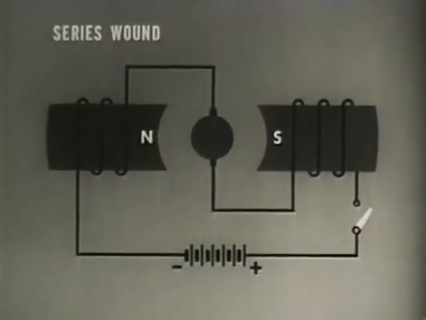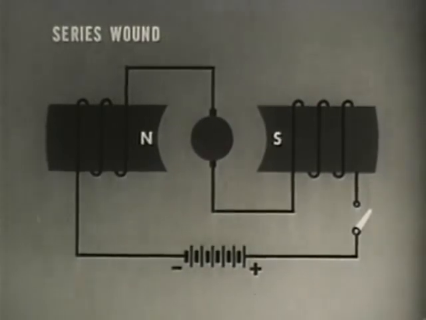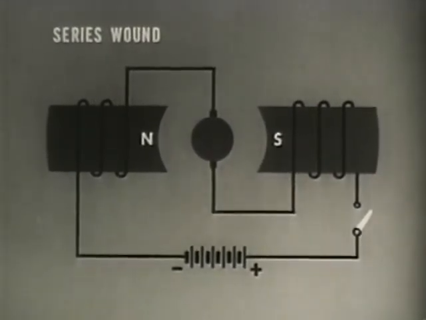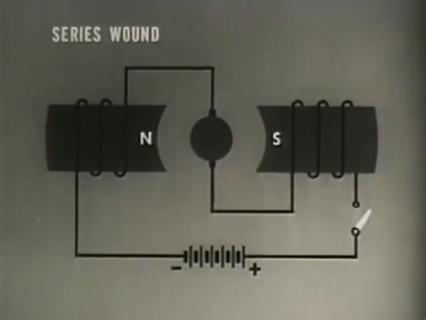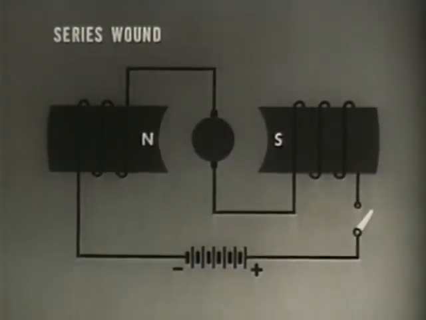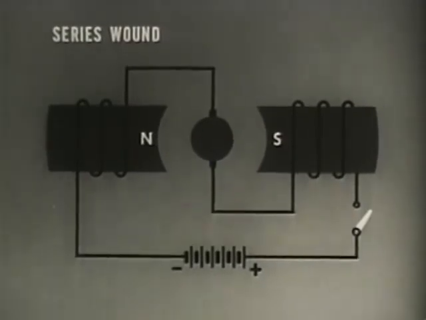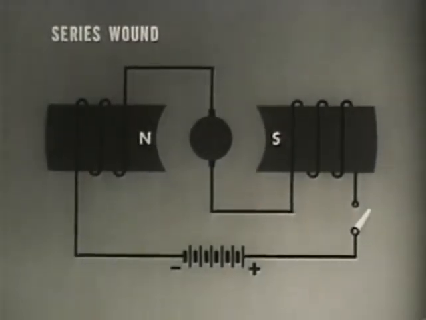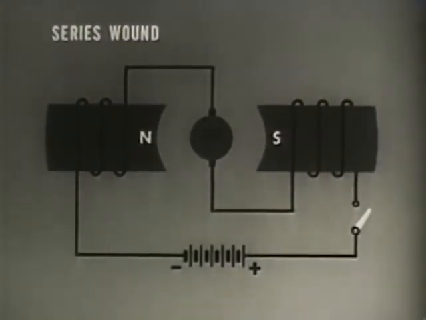The series wound motor has good starting torque or turning force. Torque depends on armature current and on field strength. Since field strength is proportional to current, the high starting current before CEMF is developed affects torque as the square of the current.